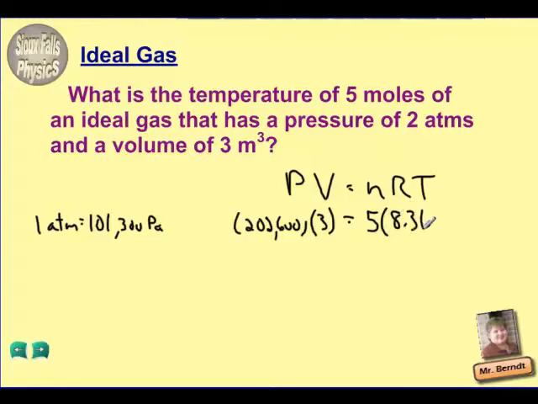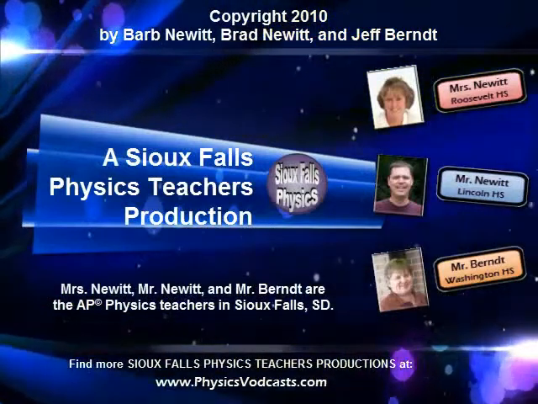Had we used liters, we would have had to use the other value of R, equals times temperature. Now it's just a simple problem of solving. Once we do the math, we're going to come up with a temperature of 14,628 degrees Kelvin.